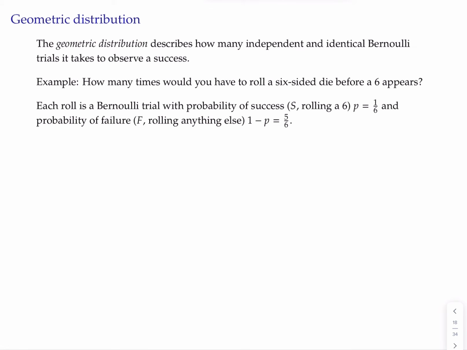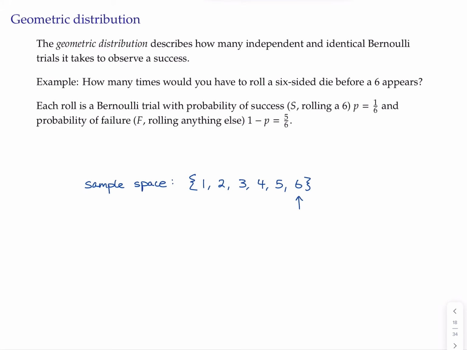Here, the example we'll use is how many times you would have to roll a 6-sided die before a 6 appears. So this sets up a Bernoulli trial with probability of success 1 over 6 and probability of failure 5 over 6. Remember here that often we will have a situation where the sample space may be quite large, but we're willing to say some subset of this sample space is success and some subset is failure. So in this case, the sample space has these 6 equally likely outcomes.